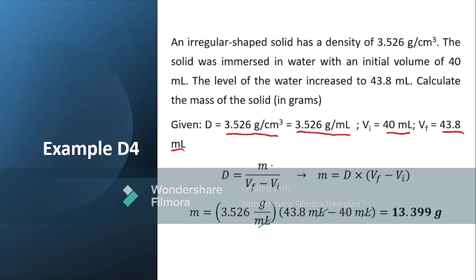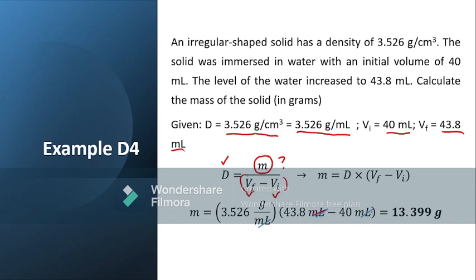We're after the mass here. We're given the density, final volume and initial volume. So, rearrange this: cross-multiply the denominator to the density. So, density times volume final minus volume initial. Density, gram per ml, times 43.8 ml minus 40 ml.